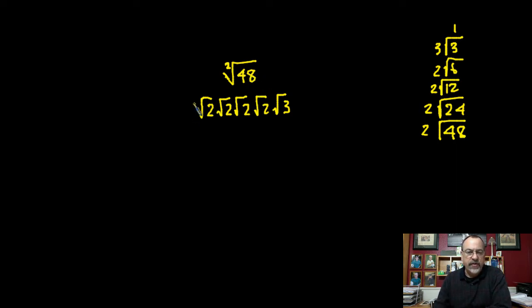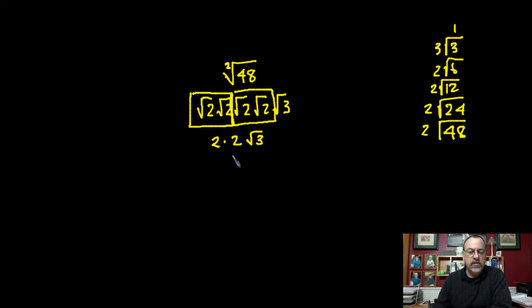The reason I do this is because now I see that when I multiply two that are identical together, it simplifies to the radicand, or the number 2. And then if I find two more together that are the same, I can multiply those. Then I'm left with this radical 3 out here, which I can't do anything with.